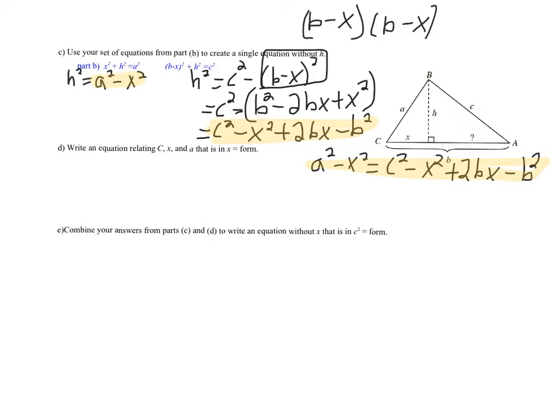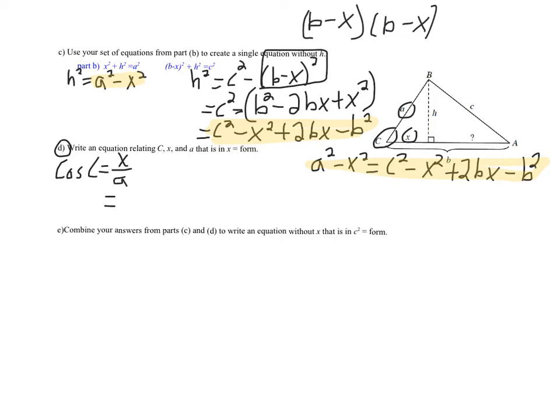And in part D, it says write an equation relating c, angle C, x, and a. Well, again, this is going to be one of those trig ratios because x is the adjacent side to angle C. So the cosine of angle C equals adjacent over the hypotenuse.